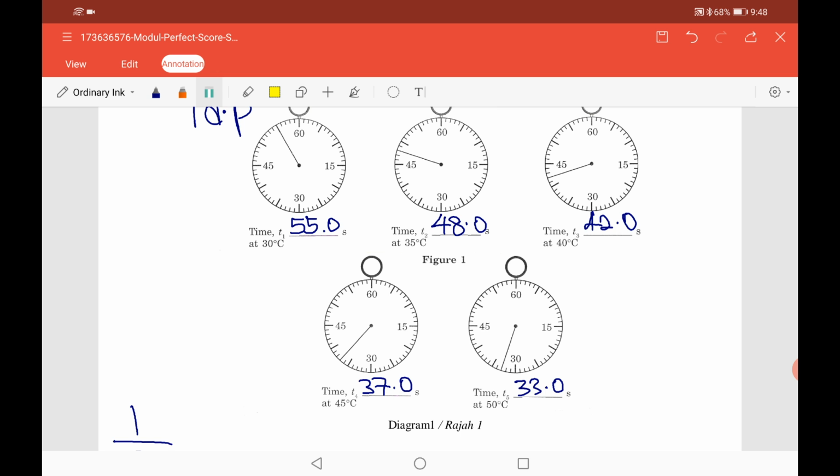But in this case, all the temperature readings, you don't need to measure. They already give them to you. If they give us the value, and they don't give us the decimal point, then no need. The decimal point is only significant when you need to measure it.